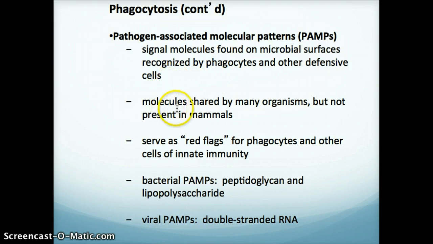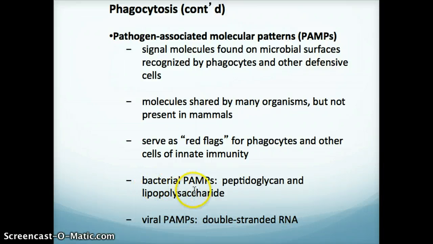So the molecules are shared by many different organisms, particularly in bacterial cells, but they would not be present in a mammal, so they're easily detected as foreign. They serve as that red flag for cells of the innate immunity, as something that is not self.